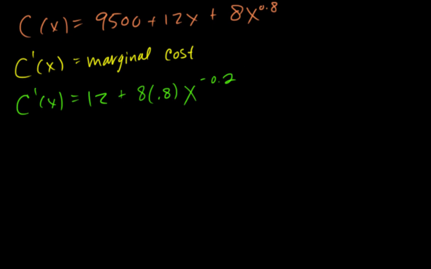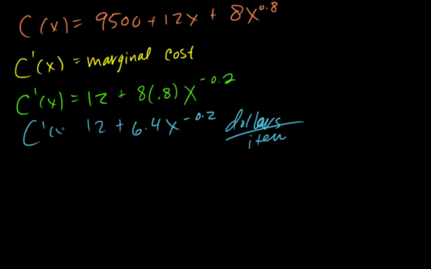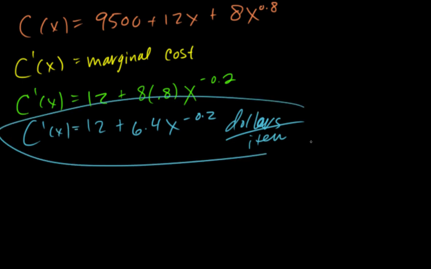So we just subtract 1 from there. If I just simplify that, we end up with that, and that's going to be dollars per item. Okay, so that's our answer on part A.